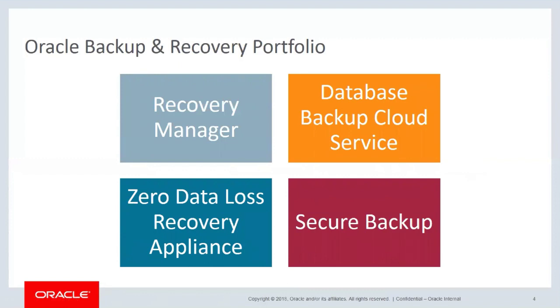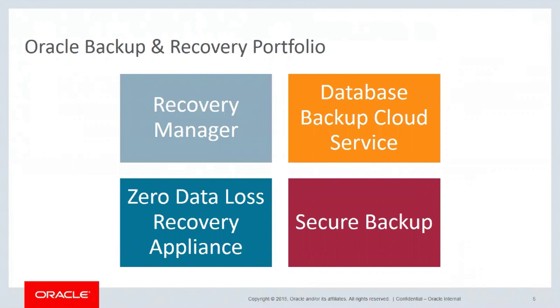And then the Zero Data Loss Appliance, which is an appliance that gives advanced protection, extreme protection, I would say, and features like incremental forever and zero data loss, so continuous protection for the Oracle database.